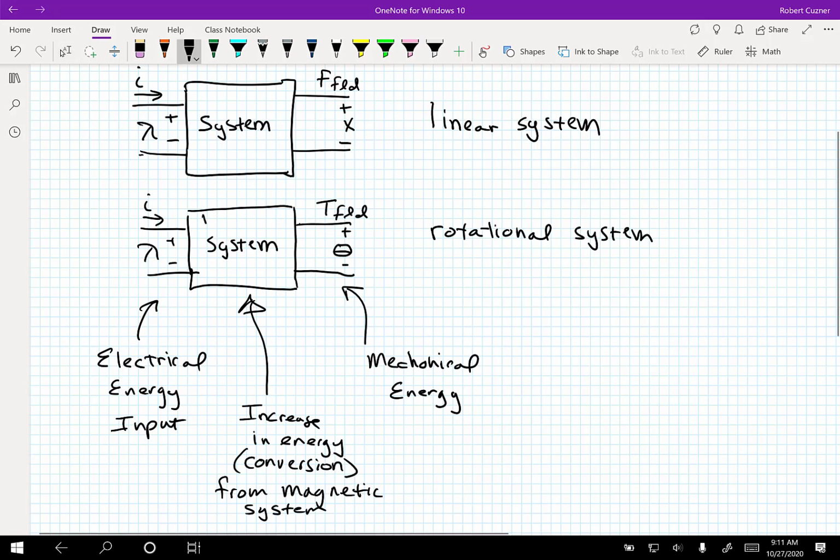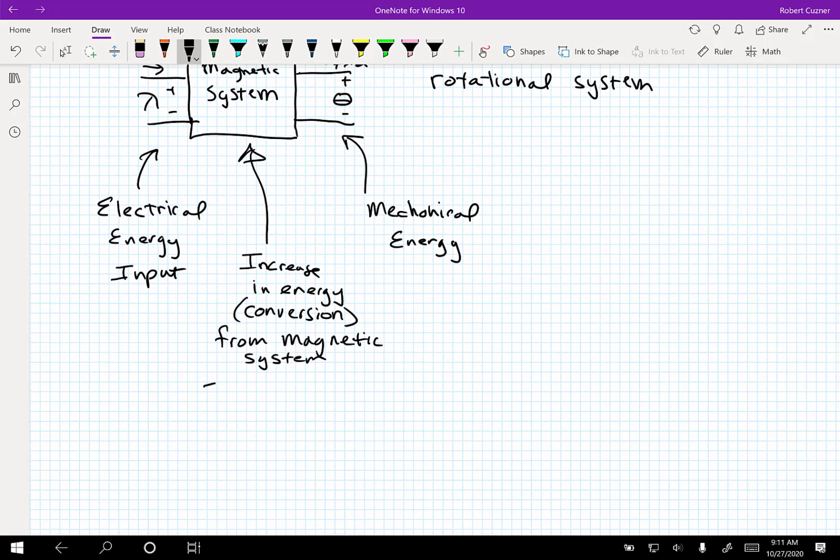And I'll just call this your magnetic system. Minus losses or heat.